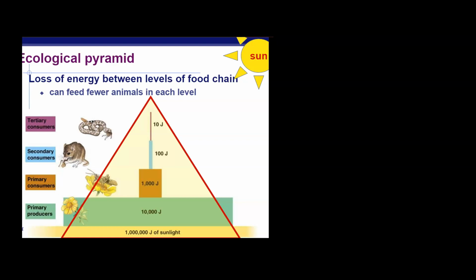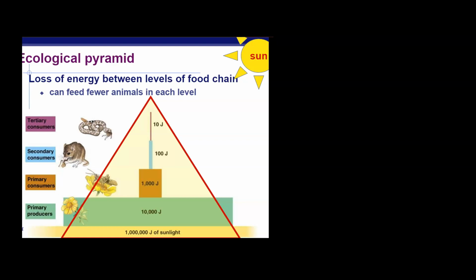And the reason behind that is that it's not your 10%, as you can see. It's a much smaller percentage that we actually see being able to be passed up from this primary production to the primary consumption level.